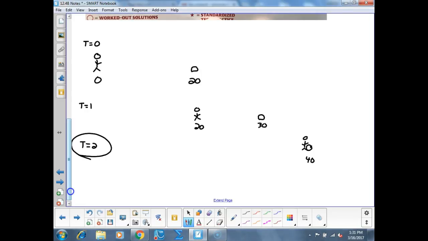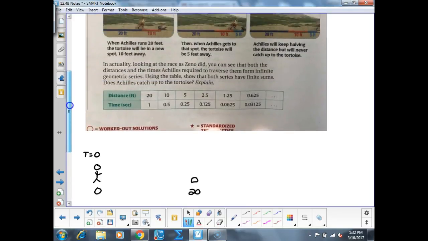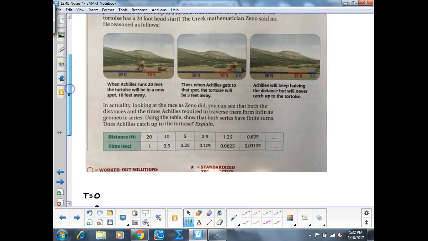The problem with the logic that they had set up was that the time frame here kept changing. Right?